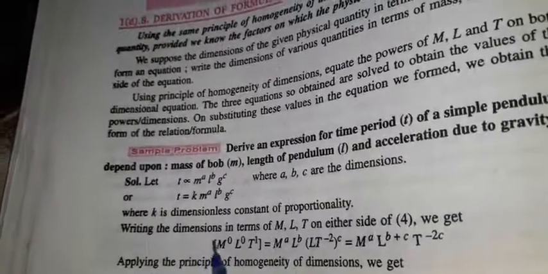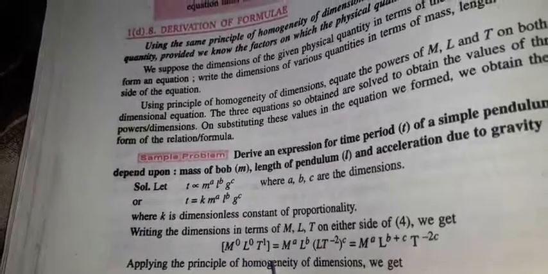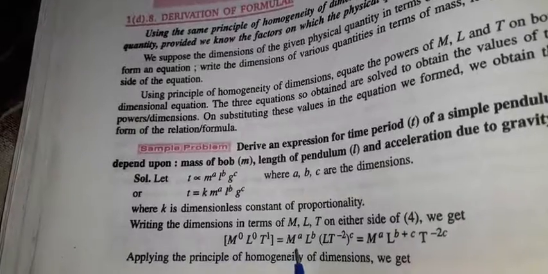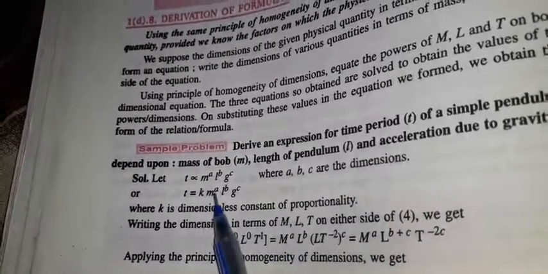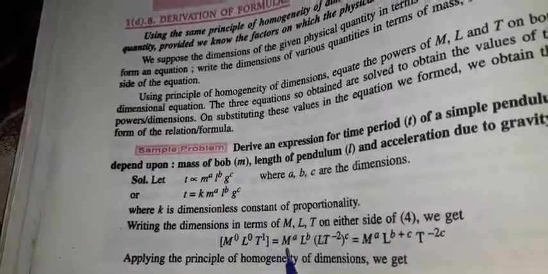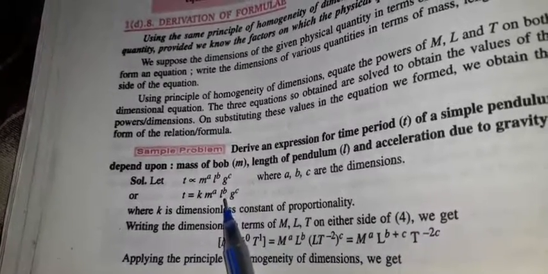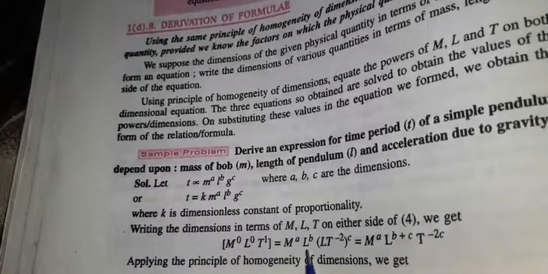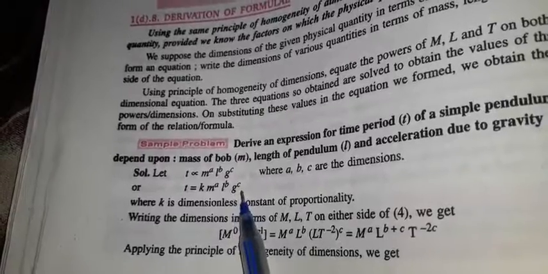Now what is the dimension of mass? So I write here M^a. What is the dimension of L? It is length, so I write here L^b. And what is the dimension of g?